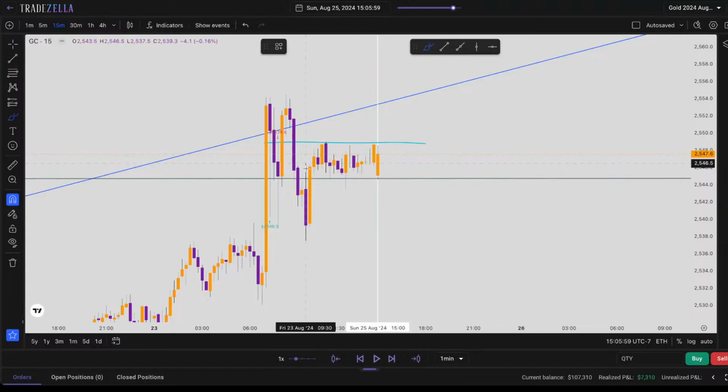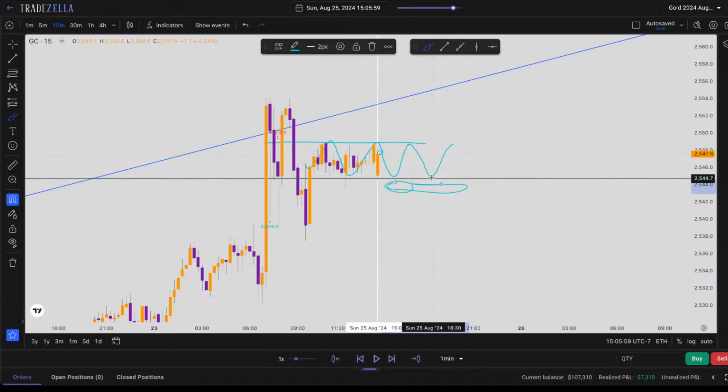You know what I mean? We don't want to get caught up in this action. Enter here, knocks on the stop loss here. In profit, out of profit, in profit, out of profit.